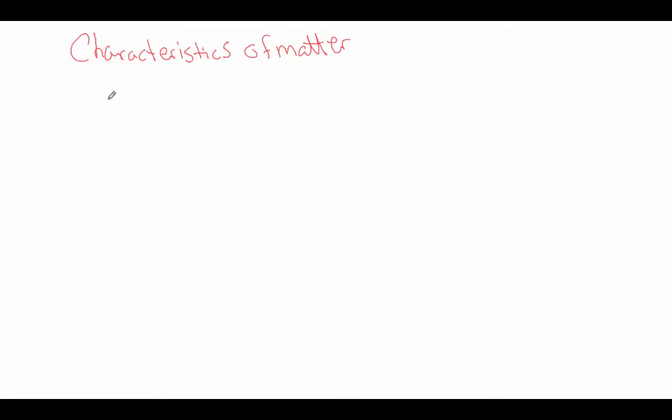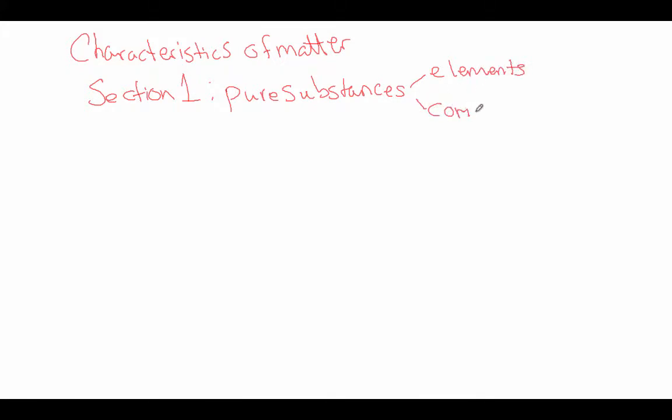In section 1, we studied pure substances. So section 1 was really all about pure substances and how pure substances can either be elements, made up of just elements, or compounds, and that compounds are made up of more than one element.